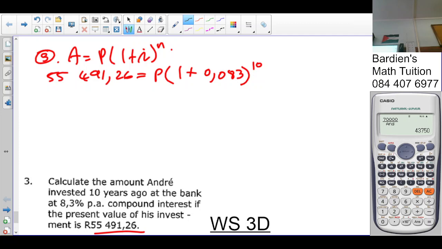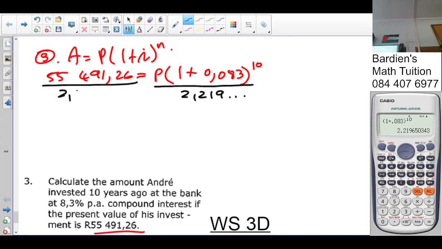I can calculate the brackets, and then divide both sides by the bracket. So that is 1 plus 0.083 to the exponent 10, which is 2.22, or I can say 2.219, and the number carries on.